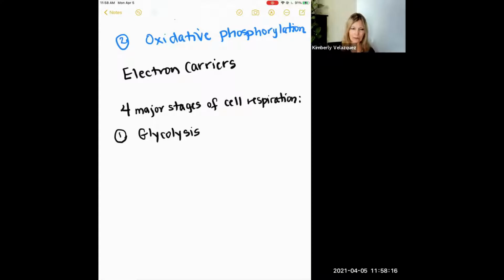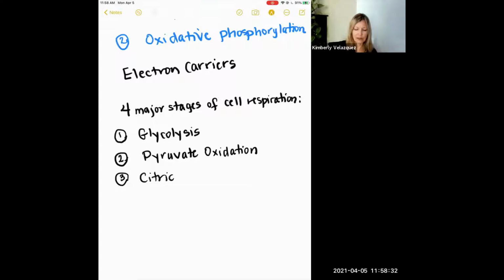Glycolysis, pyruvate oxidation, citric acid cycle, also called the Krebs cycle, and finally, oxidative phosphorylation.